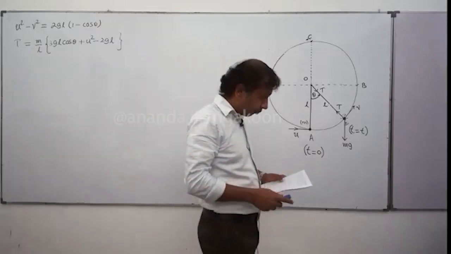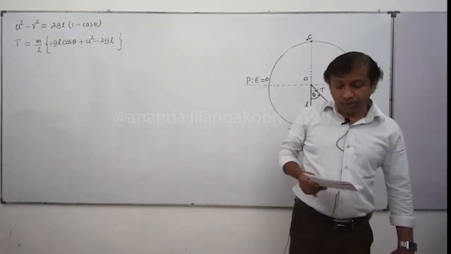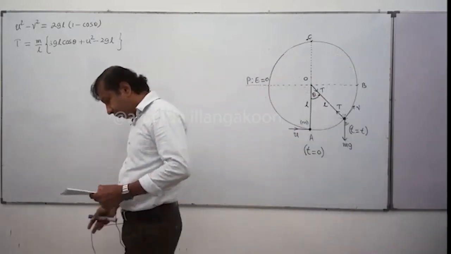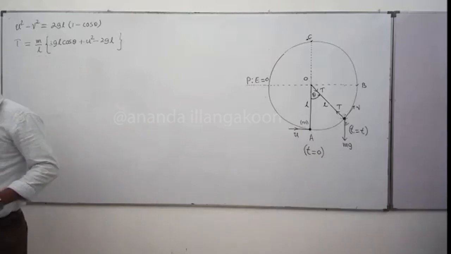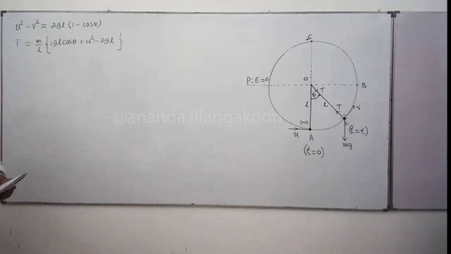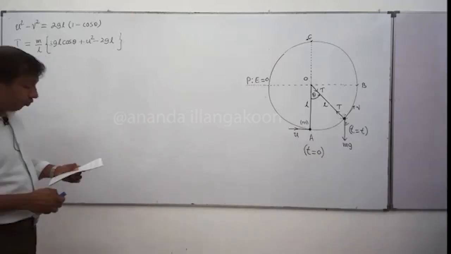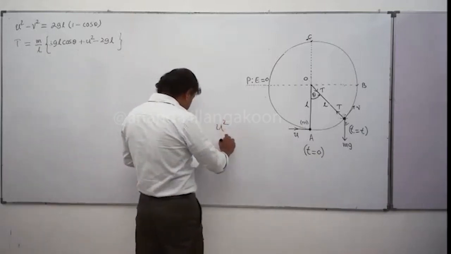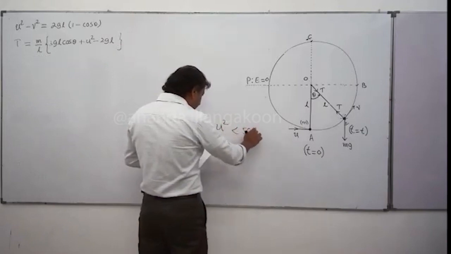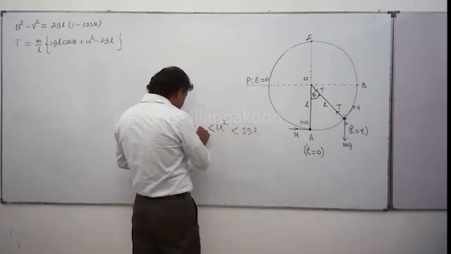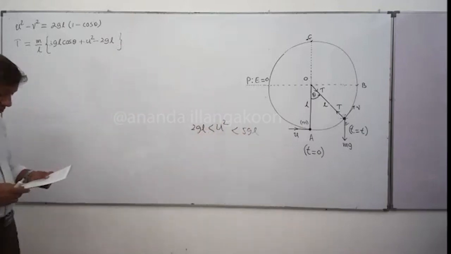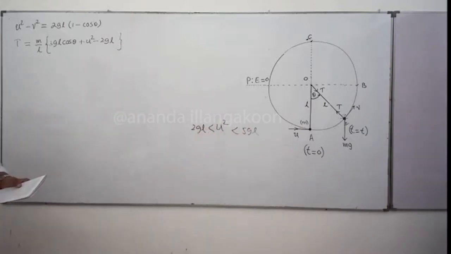Now, some questions are asking like this. Show that if u squared is less than 5gl and greater than 2gl, the particle leaves the circular motion and in the subsequent motion it moves under gravity.